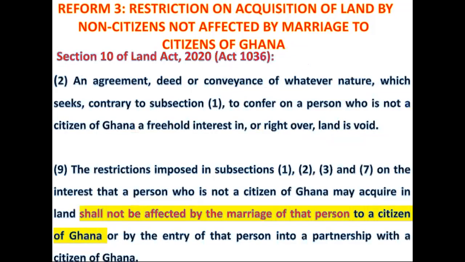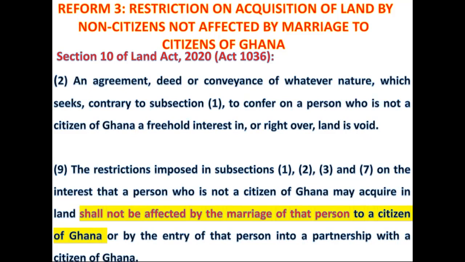Because if you look at Section 10, subsection 9 of the Land Act of 2020, Act 1036, it says that the restrictions imposed in subsections 1, 2, 3, and 7 on the interest that a person who is not a citizen of Ghana may acquire in land shall not be affected by the marriage of that person to a citizen of Ghana or by the entry of that person into a partnership with a citizen of Ghana.